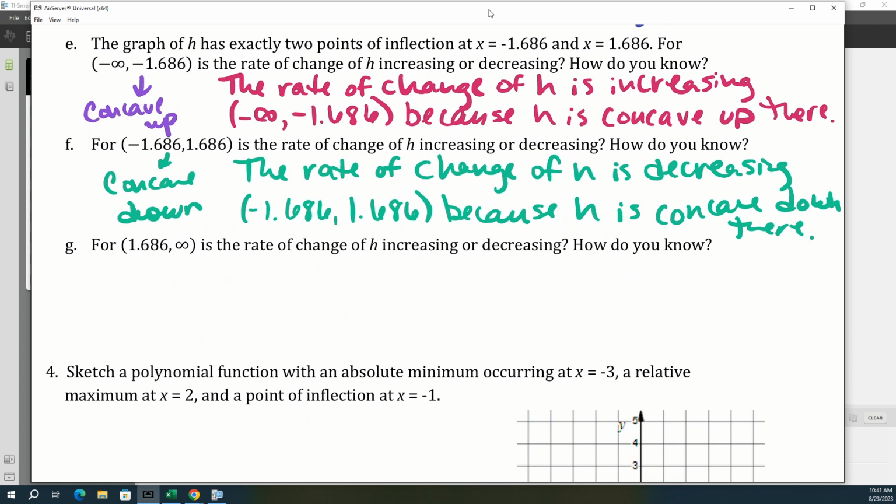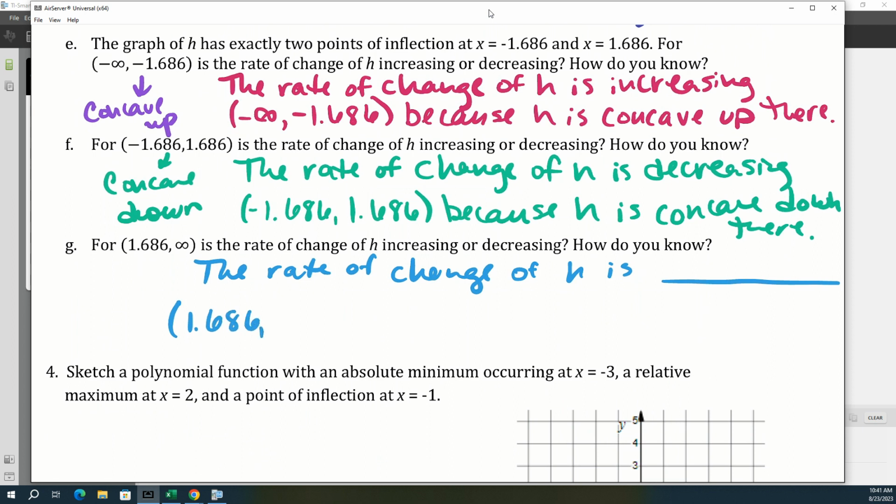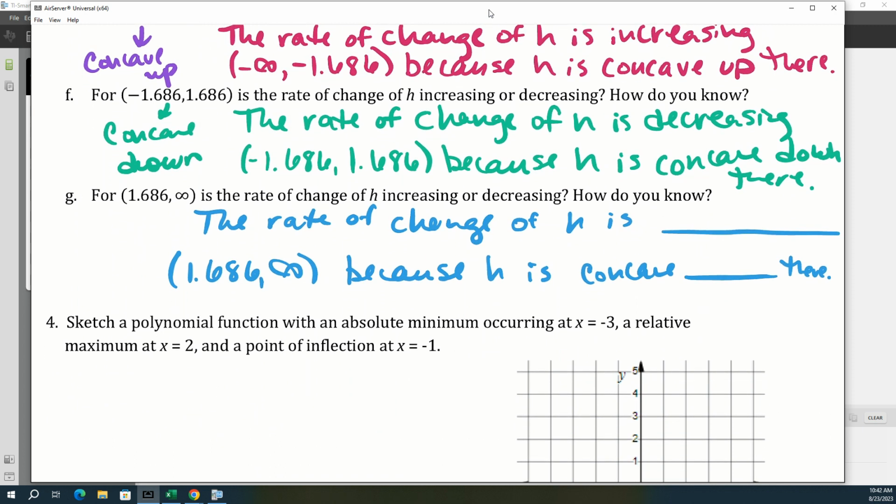All right, so you guys try G on your own, please. All right, so what are we, concave down or concave up?